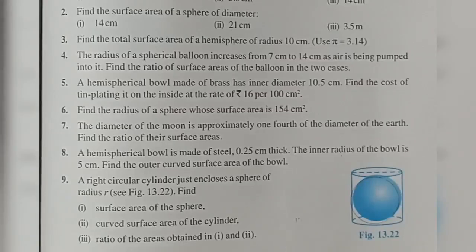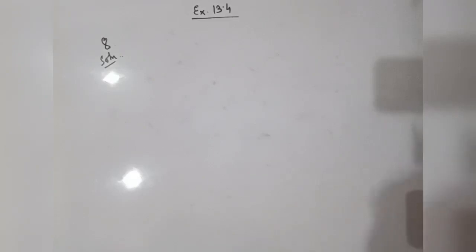Next, exercise 13.4, question number 7. A hemispherical ball is made of steel 0.25 centimeter thick. The inner radius of the ball is 5 centimeter. Find the outer curved surface area of the ball. So exercise 13.4, question number 7, solution.